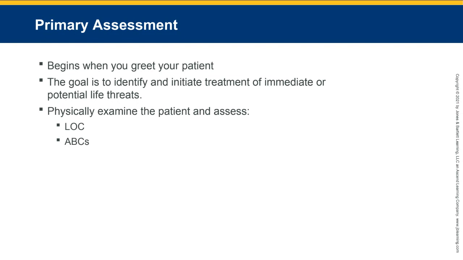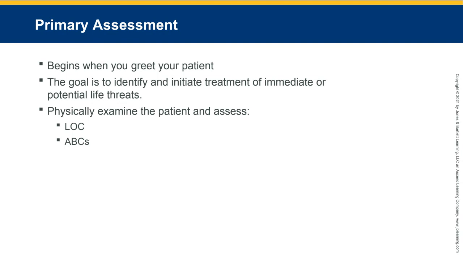The second patient presentation is the patient is semi-responsive. So the patient is no longer able to tell me what's happening. However, he or she still has adequate chest rise. So their airway is not compromised to the point that ventilation is compromised. That's the second presentation.